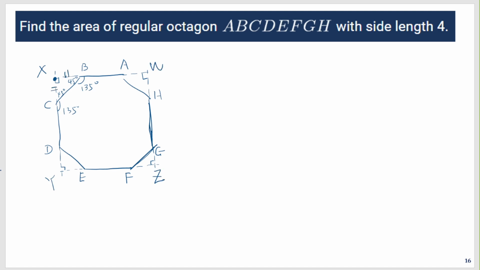Because this side equals this side, AB equals CD, and all of the sides here are equal, and all of these sides of the octagon are equal. Then XW equals WZ equals ZY equals YX, right? Therefore, XYZW is actually a square.